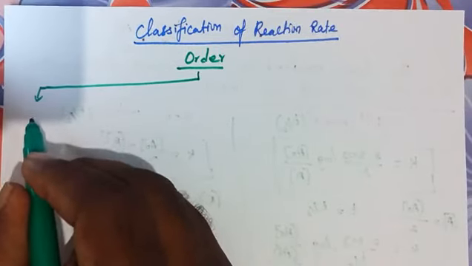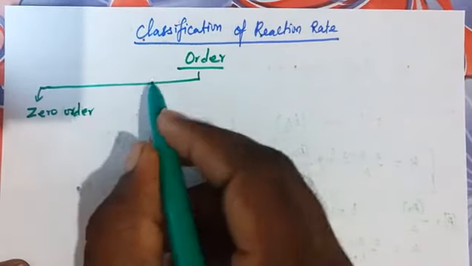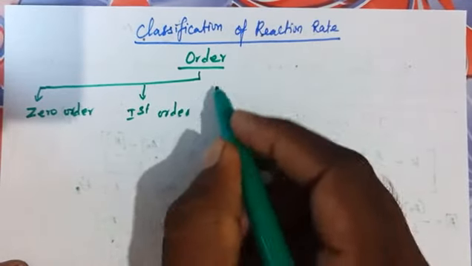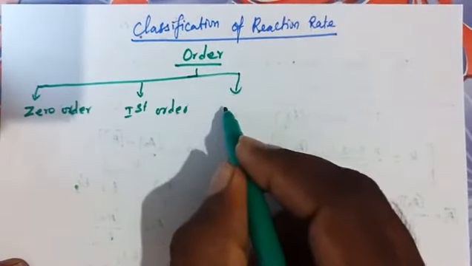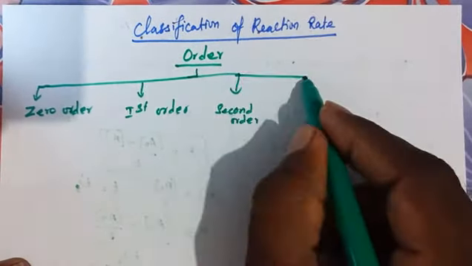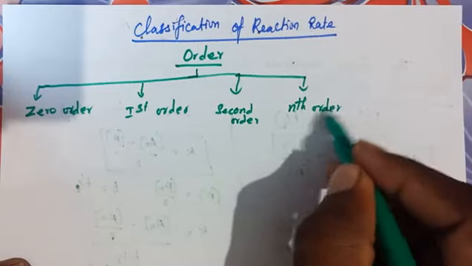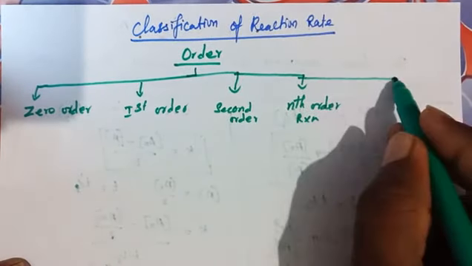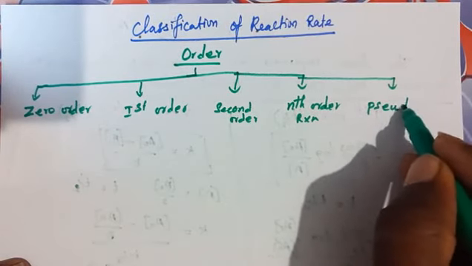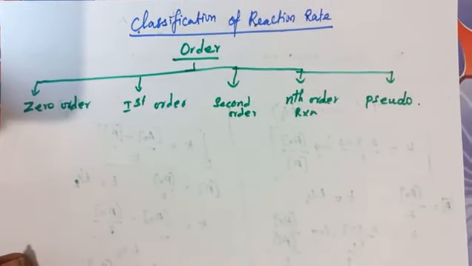For this, first we can discuss zero order reaction, and then first order reaction, then second order reaction, nth order reaction, and pseudo order reaction. Zero order reaction.